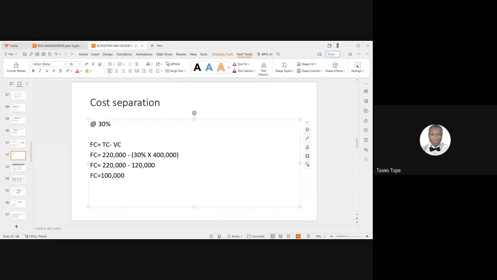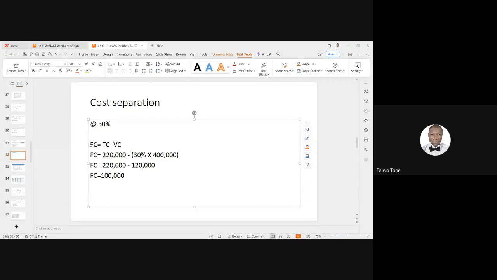So now we need to go further to determine, in that production overhead of 400,000 at 75% activity level, what is the portion of fixed cost in it?